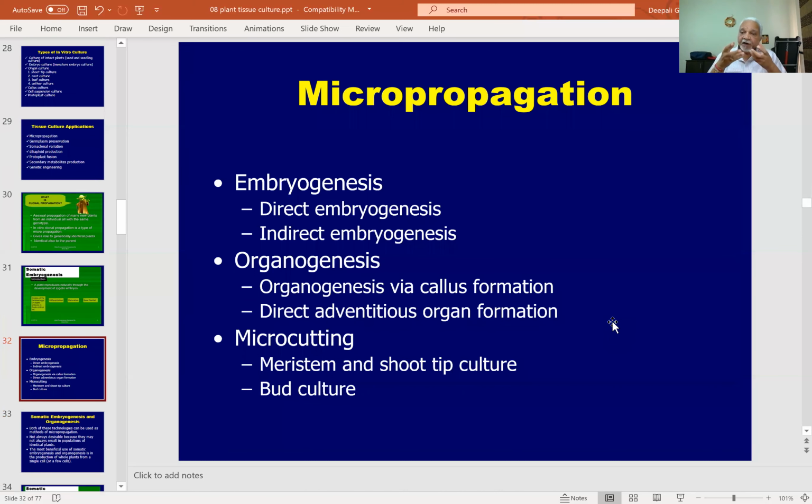But in micropropagation, involving the asexual mode of reproduction, you have three possibilities by which you can get new plantlet formation. One is through embryogenesis. This embryogenesis is not the zygotic embryo I explained in the previous slide, but an embryo differentiated from somatic cells, by direct embryogenesis or indirect embryogenesis, meaning involving callus in between or directly from the explants.